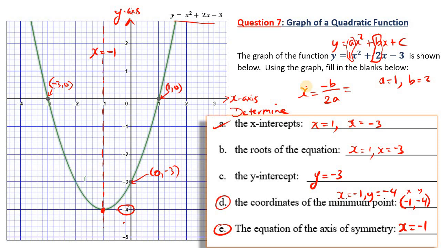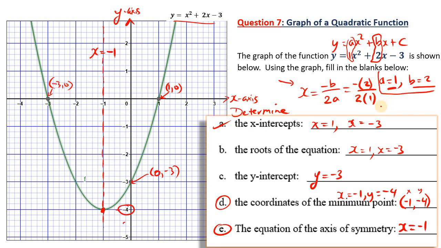The formula does not utilize c, so we don't have to worry about the c value. We put the b value, which is 2, where b is, divided by 2 times a, and the a value is 1. Let's work that out.